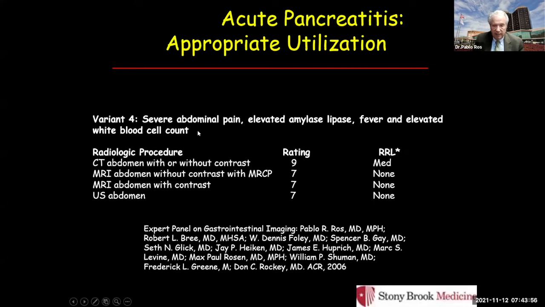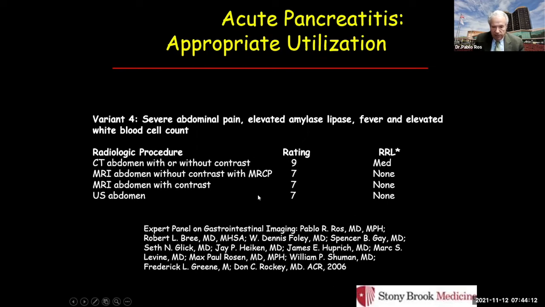white blood cell count, the preferred method would be, as I've mentioned, acute CT, with or without contrast, but CT provides the better evaluation of acute pancreatitis.